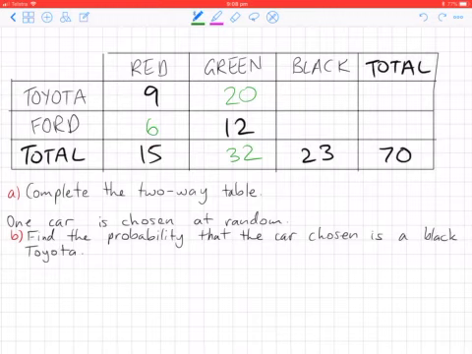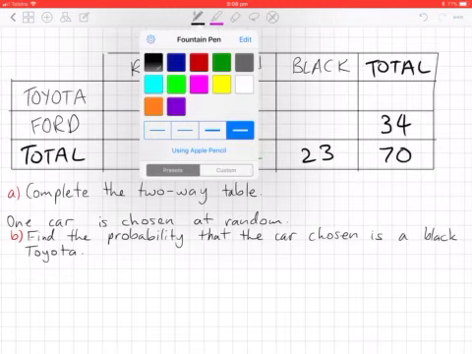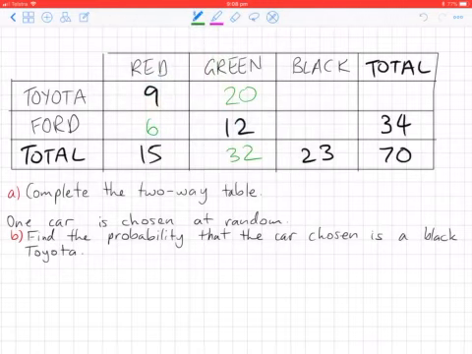Oh no. I actually forgot to write one of the pieces of information here. We will say that this number is 34. So we'll say that's 34. Okay. Yep, so I just forgot one bit of information.